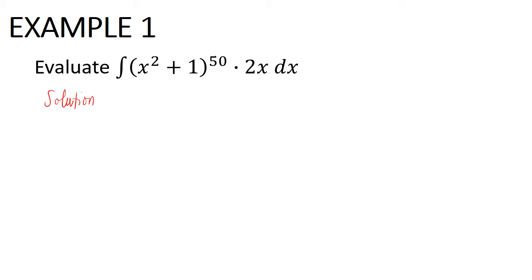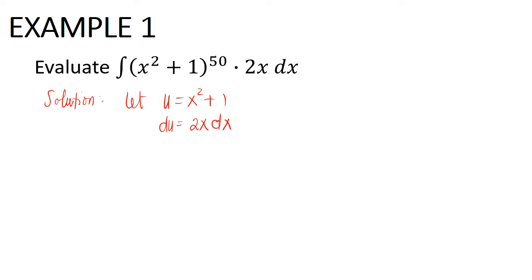I will let u be equal to x squared plus 1. And if u equals x squared plus 1, ang derivative na u will be equal to, syempre, derive din natin yung right side. So, derivative ng x squared, 2x, derivative of 1 is 0. And of course, dahil nag-implicit differentiation tayo, dapat meron din tayong dx.